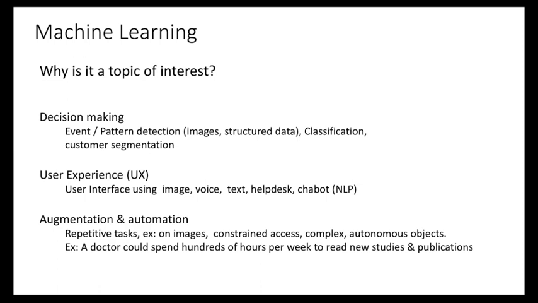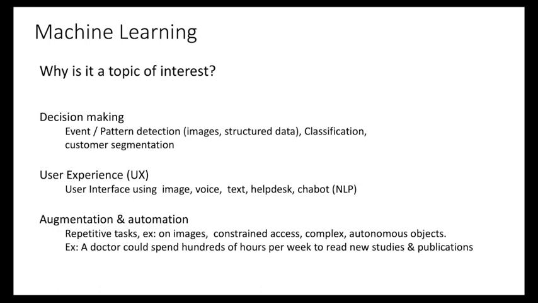In that particular case, we're going to use what we call NLP, natural language processing. These kinds of algorithms are able to understand, to get the intent of a user and perform an action according to this understanding. And it's also about image and voice processing.